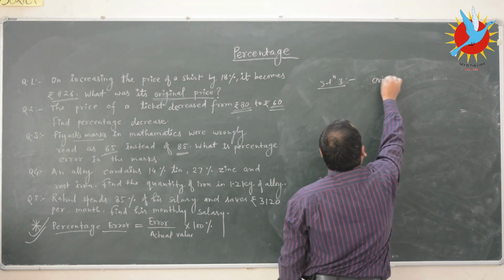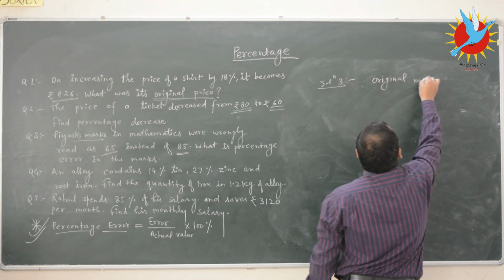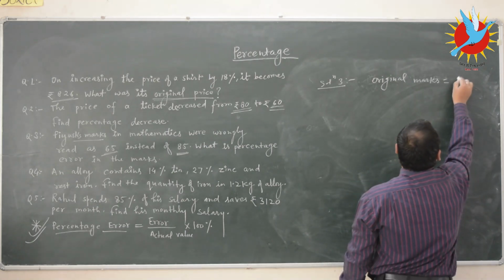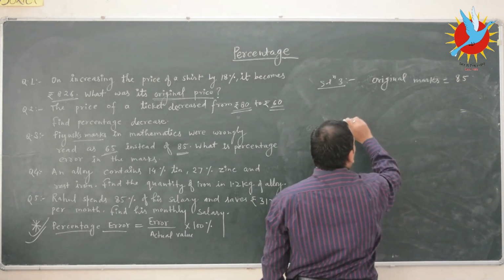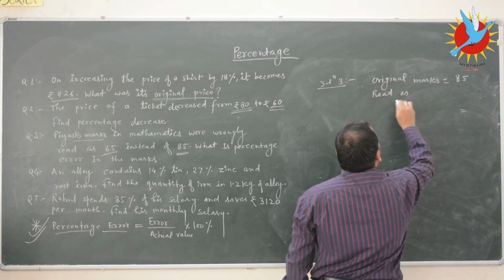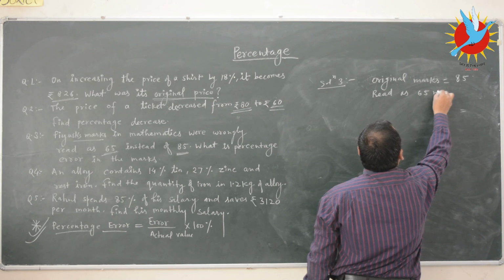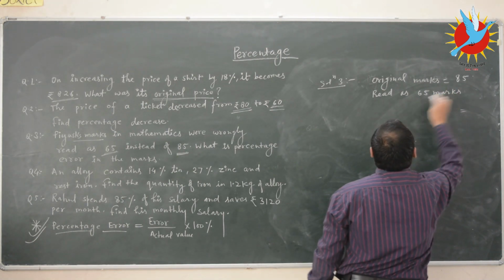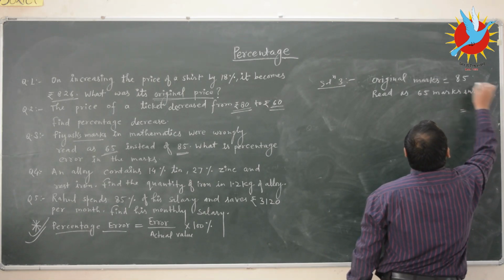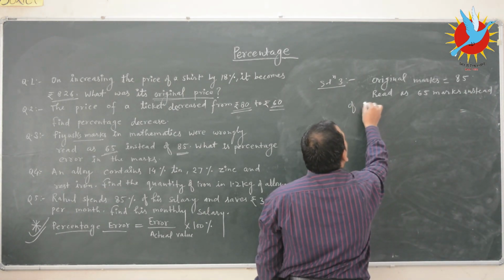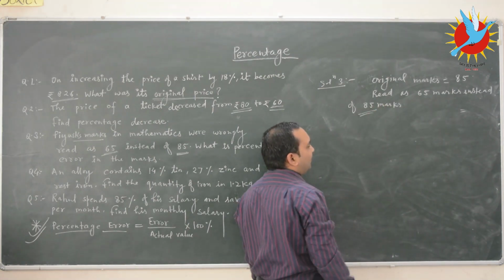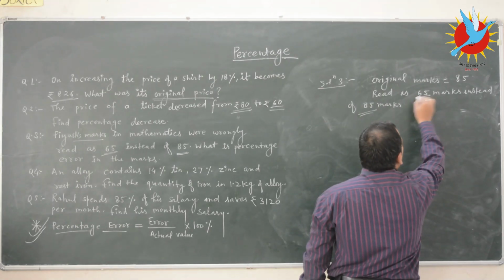Original marks first we write: original marks is equal to 85 and read as 65 marks instead of 85 marks. In place of 85 marks it was read as 65.